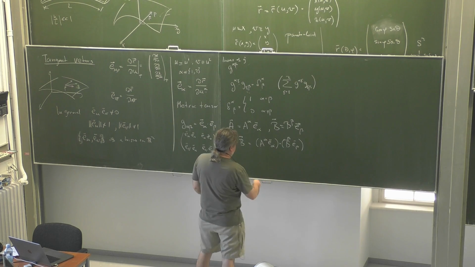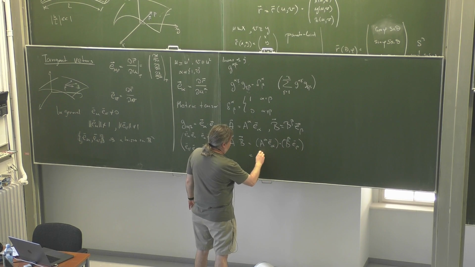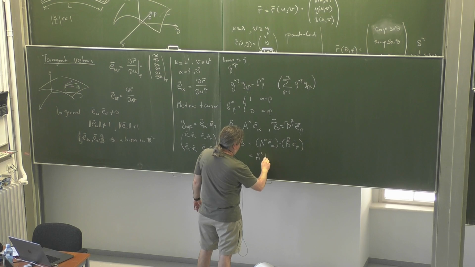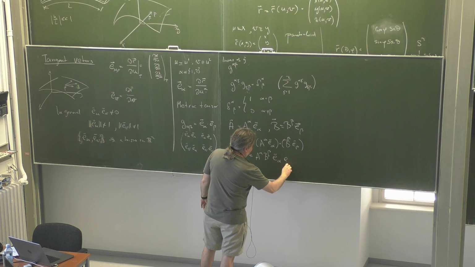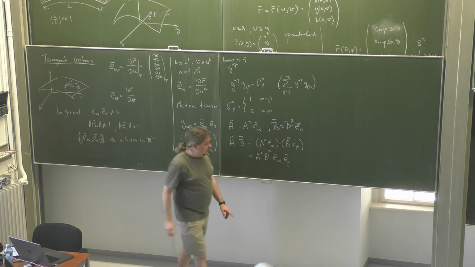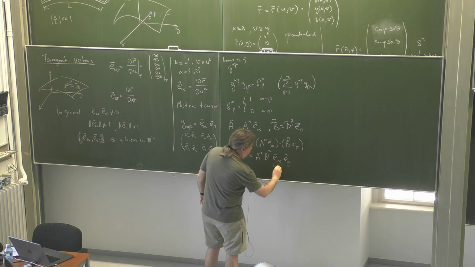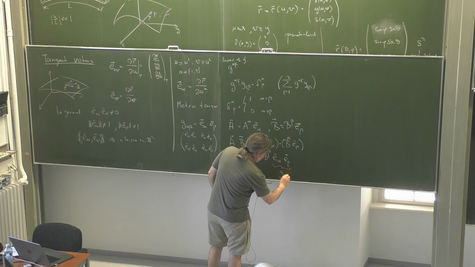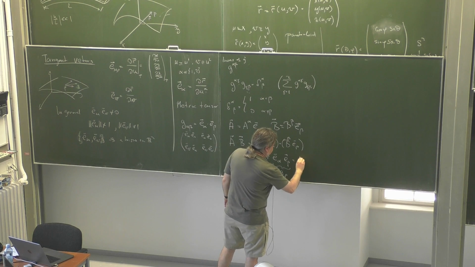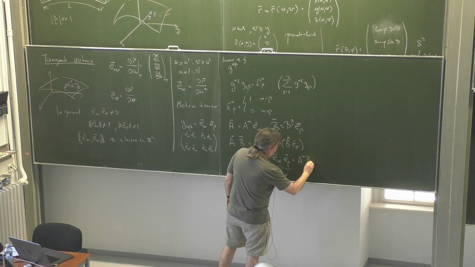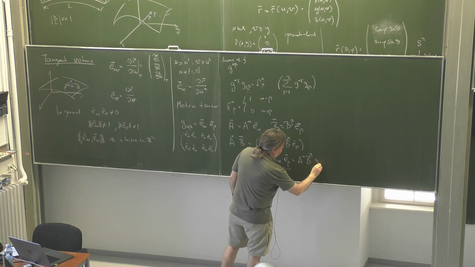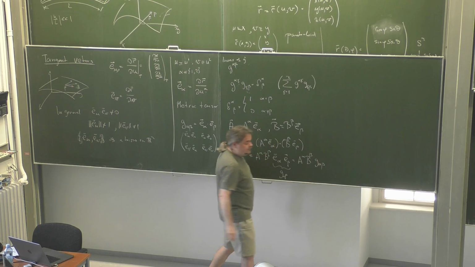So this is all linear, so I can take it out, right? So I'm going to have A alpha, B beta, then I have E alpha dot E beta, right? But this is just the definition of my metric tensor, right? So I have A alpha, B beta, G alpha beta, right?